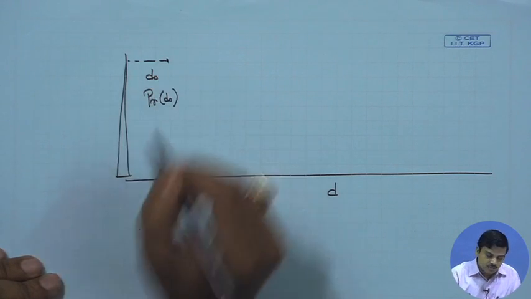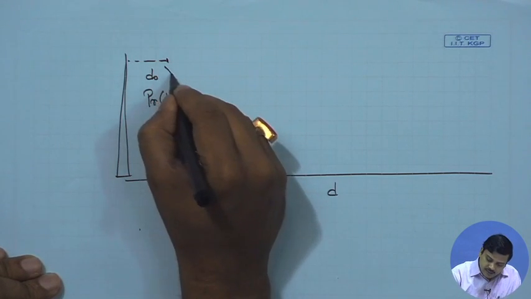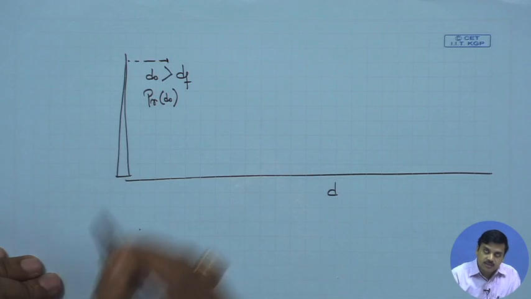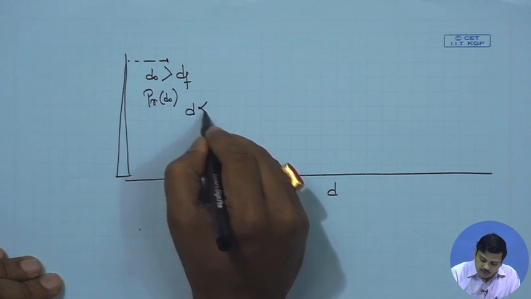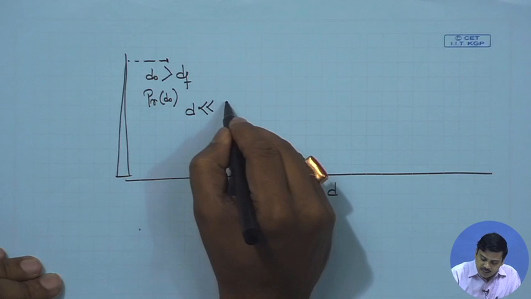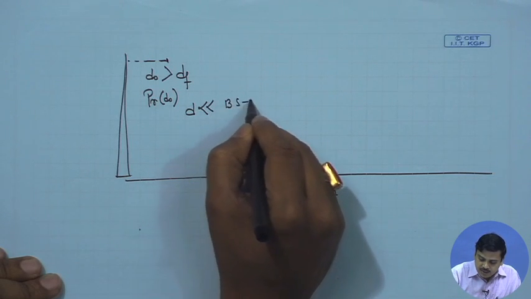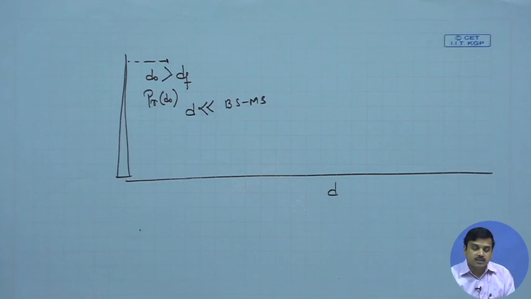This d0 should be greater than the Fraunhofer distance, that means it should be in the far field, and d should also be significantly less than a typical BS MS separation distance. I mean, it cannot be very large, it cannot be orders of kilometers. It can be kilometers when the base station separation distance would be like a few tens of kilometers or so on.